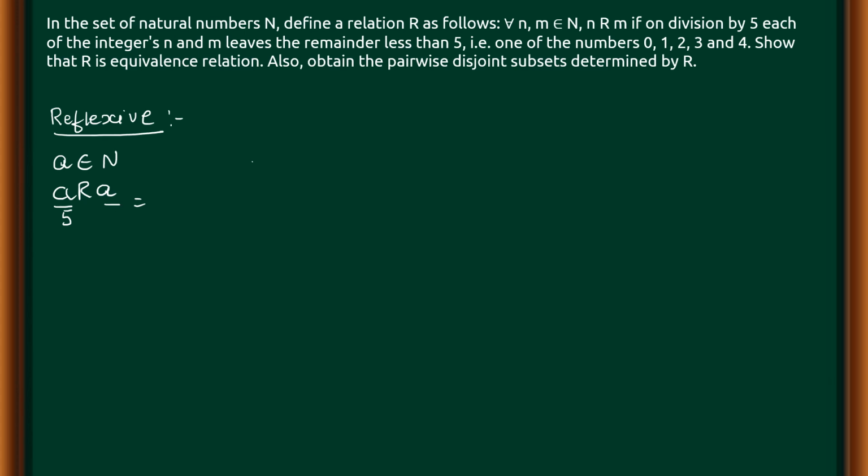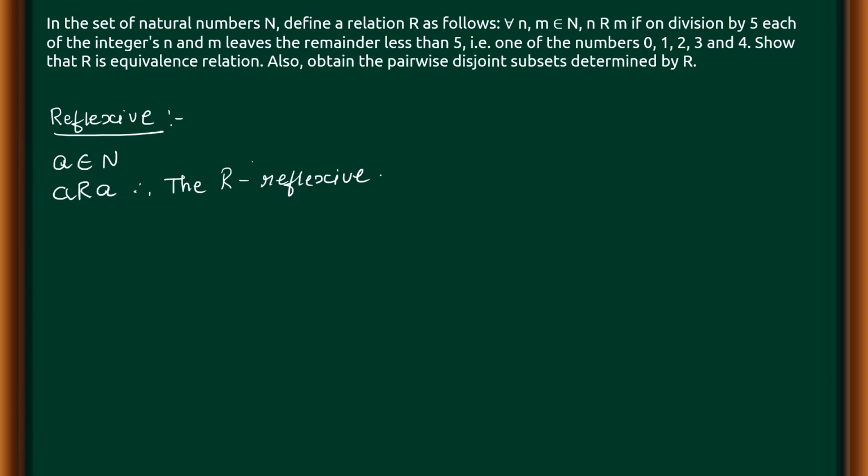Correct? So we can say that if a belongs to natural numbers, a is in relation with a, therefore it is reflexive. Correct? Therefore we can say the relation is reflexive. So R is reflexive. Okay.